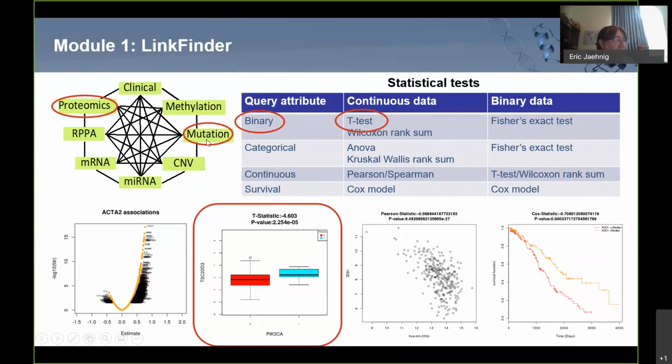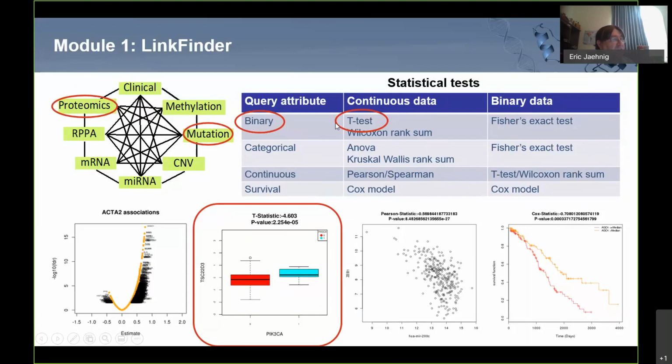To expand upon this example further, say you're interested in identifying proteins affected by mutation in the PIK3CA gene. Your query attribute would be a binary attribute of whether or not that gene is mutated, and the target attribute would be a continuous attribute, which is the expression level of all the proteins in the proteomics data set.